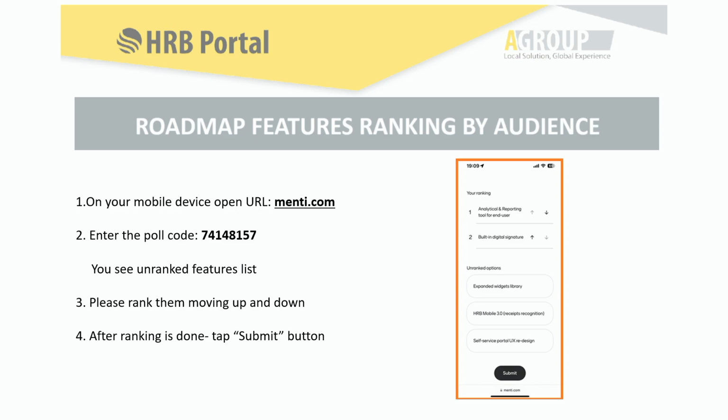You can move them from the unranked area to the ranked area, and then move them up and down. The higher the feature, the higher the rank. We could not miss this opportunity to use this great focus group to assess our roadmap features.